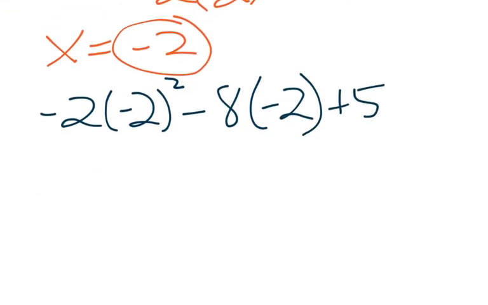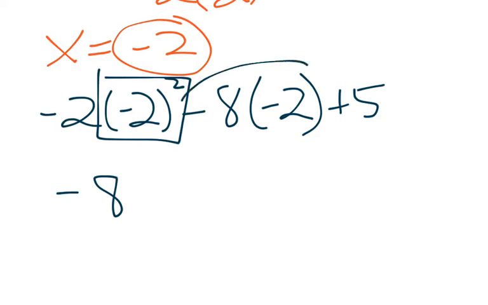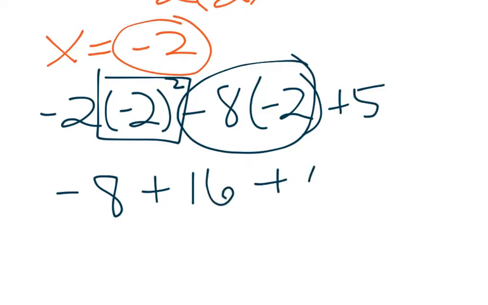So negative 2 squared is positive 4, and positive 4 times negative 2 is negative 8. Okay, negative 8 times negative 2 is positive 16, and plus 5. So when we add this all up, we have positive 13.